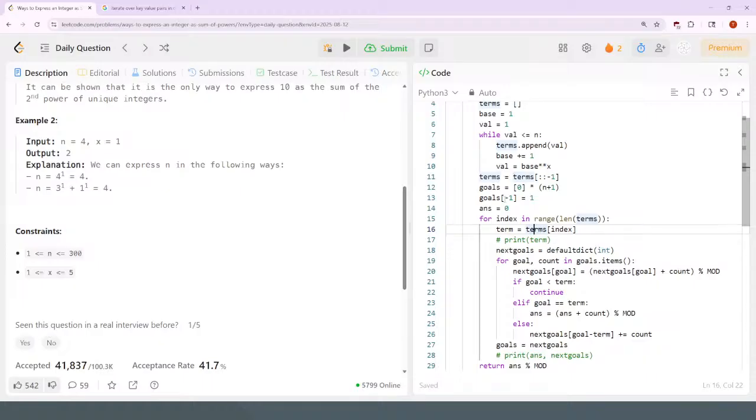I mean, how much slower would it be? Probably a lot slower. So I have a set of n, which are my values of goals.